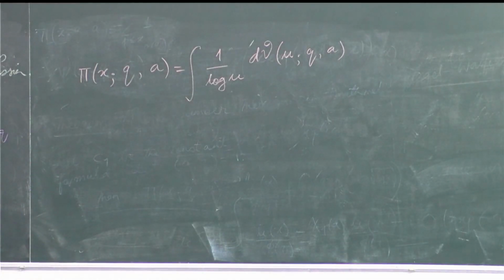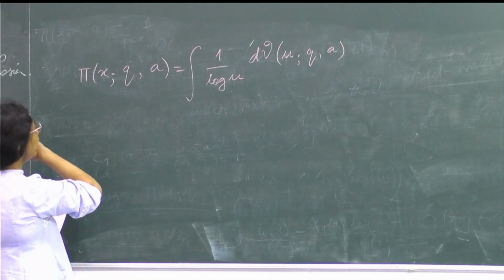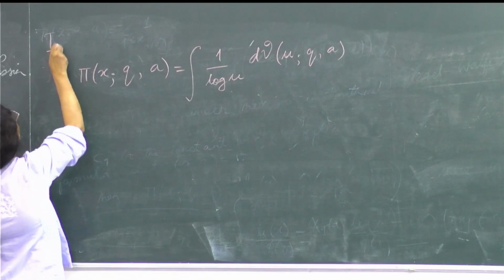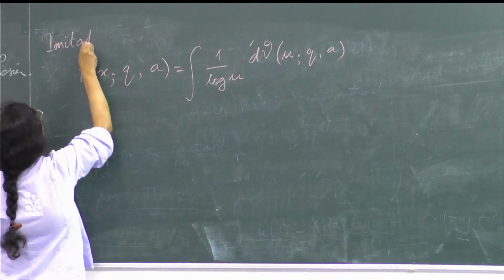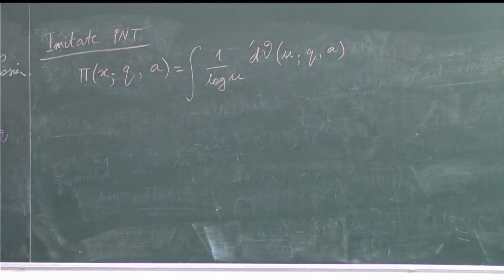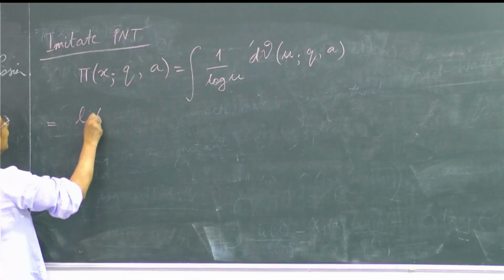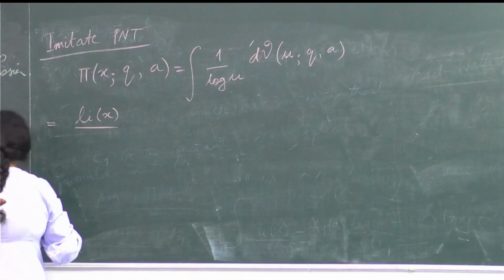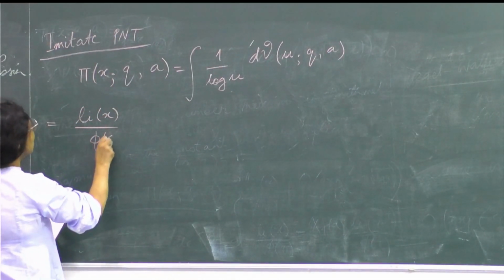And you get back pi. So what do you get as the first term if you do that? What comes out as the first term? You imitate the proof for the prime number theorem. Okay. So the main term comes out as the logarithmic integral Li(x) divided by phi of q.